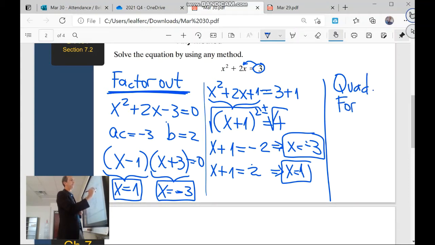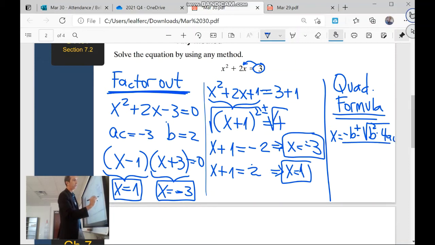Okay? x equals negative b plus or minus the square root of b squared minus 4ac, over 2a. If you apply the quadratic formula, you're going to find the same solutions: x equals 1 or negative 3.